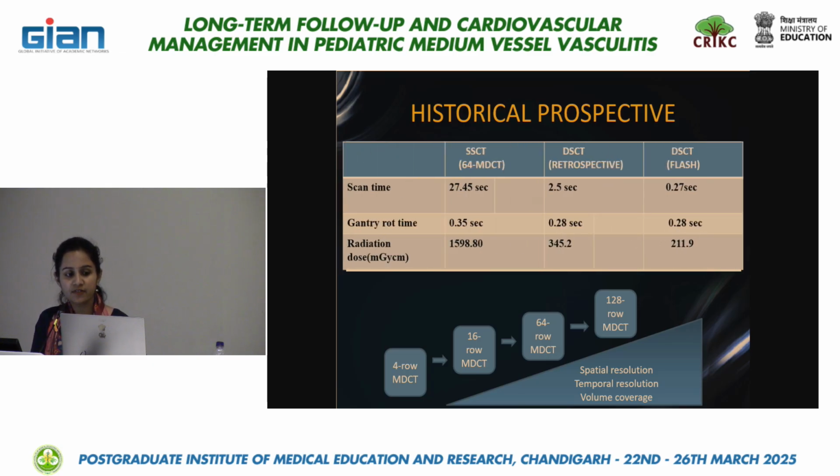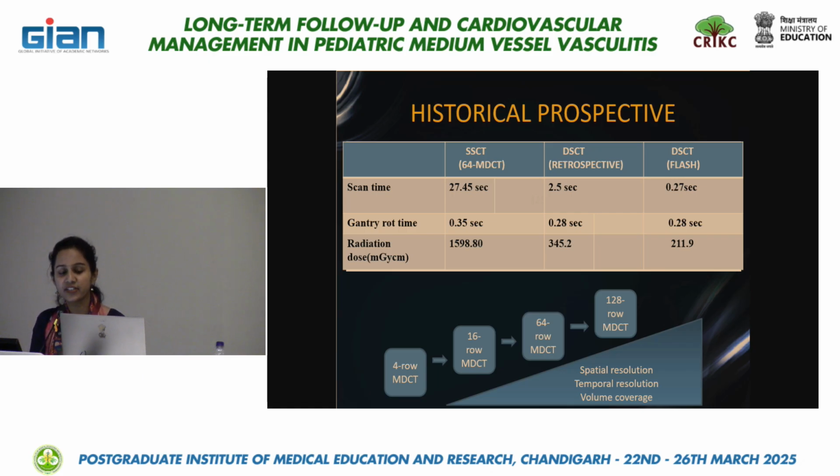With a 64 slice multi-detector CT scanner, the scan time was almost 27 seconds, which means we'll ask the patient to hold breath for almost 27 seconds, which is difficult even for adult patients. For pediatric patients, it will be even more difficult.